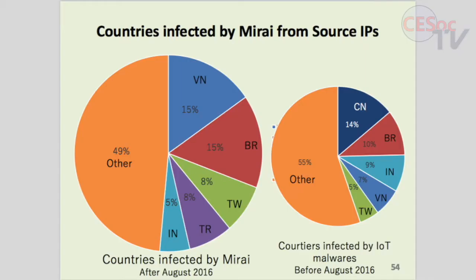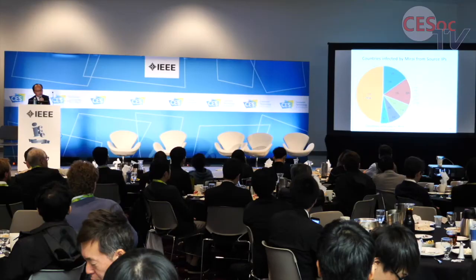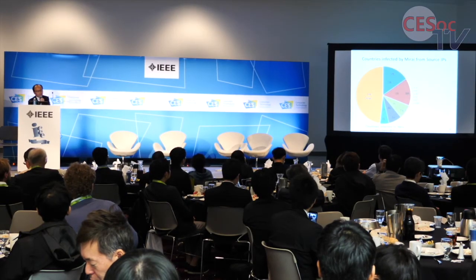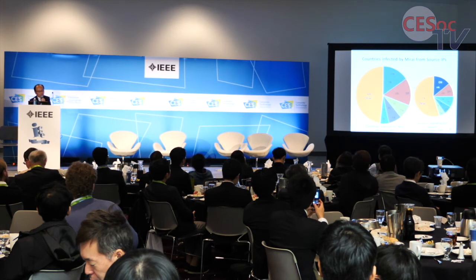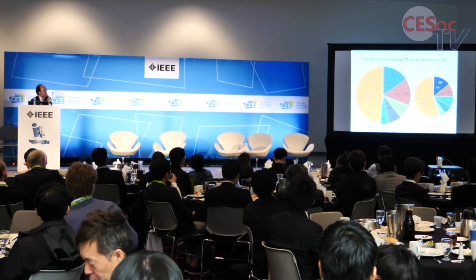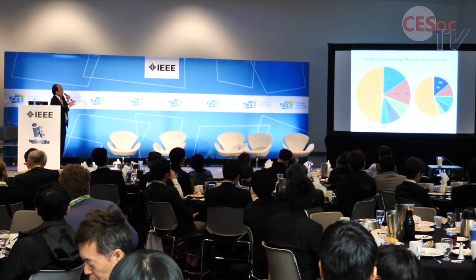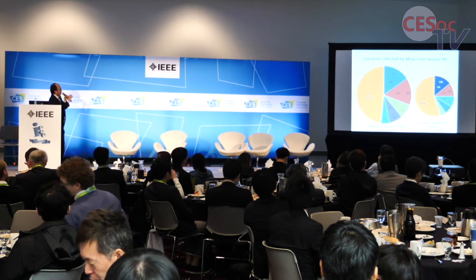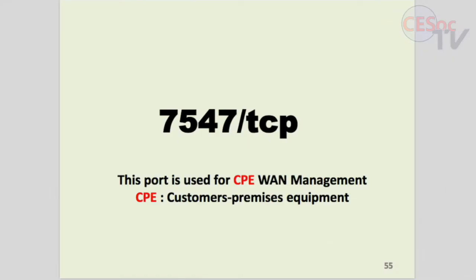The countries infected by Mirai after August are Vietnam, Brazil, Taiwan, Turkey, India. But before Mirai infected, China, Brazil, India, Vietnam, etc. So they're kind of different. But recently, similar types of infection countries as in 2016.